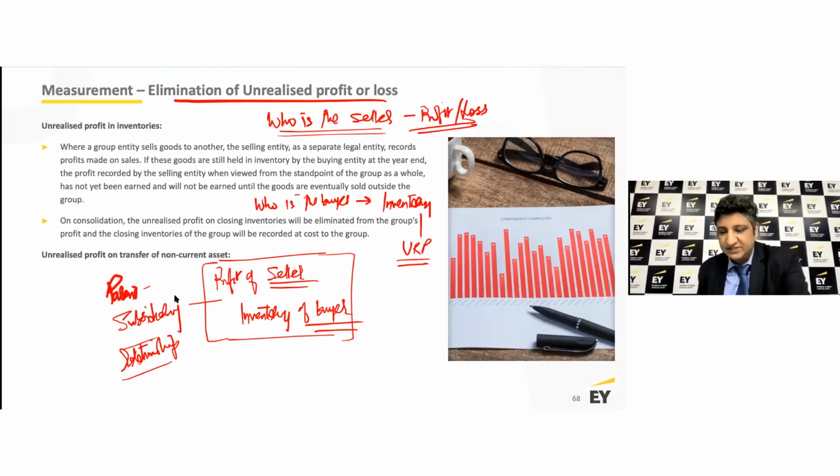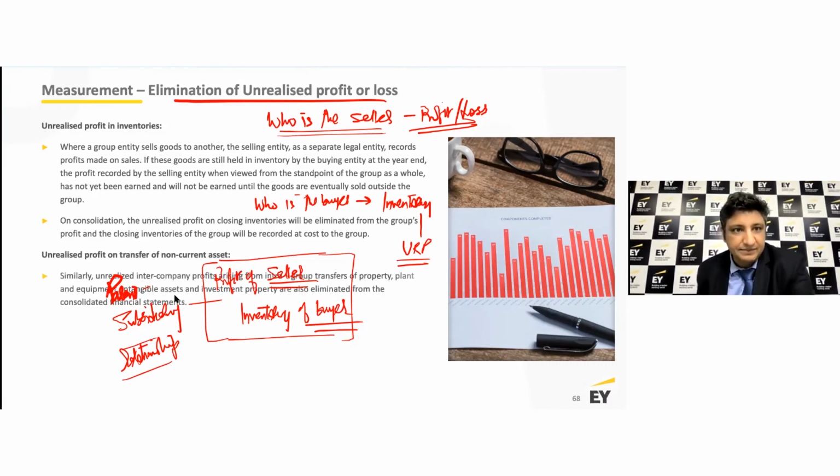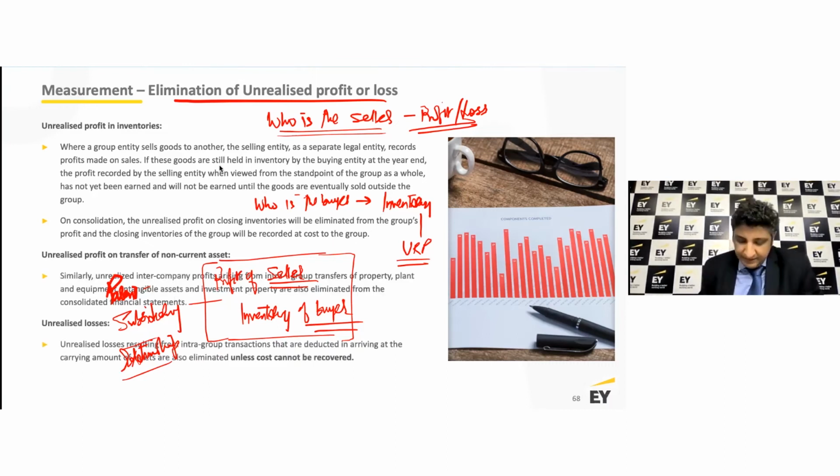So what I was saying is, when you look at any such inventories being transferred, when a group entity sells goods to another, the selling entity is a separate legal entity. It records, for example, the profit on sales. And if these goods are still held in inventory by the other entity, which is the buyer, then from that company's perspective there is an inventory which is inflated. So that needs to be adjusted.